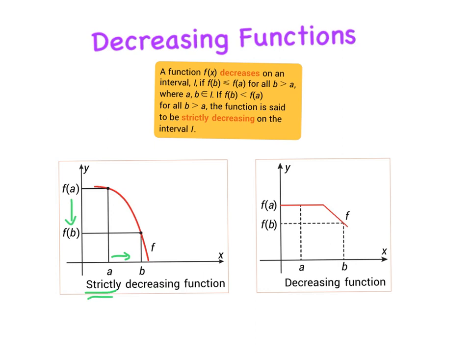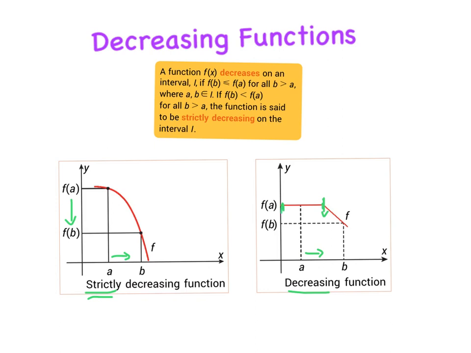Here on the right hand side, as we move along the x values, up until this point here, the y values are staying the same, but then they begin to decrease from here on in. So this one is a decreasing function because at no point is it increasing. So it's decreasing, but not strictly so, because for this part until here, they're remaining the same.